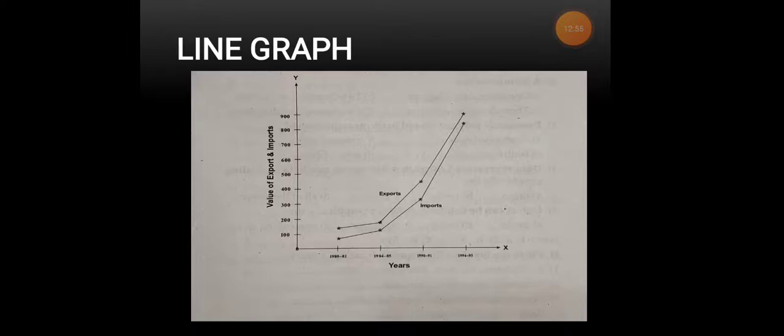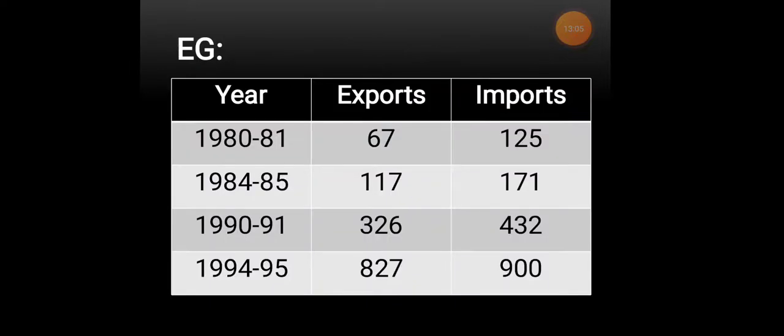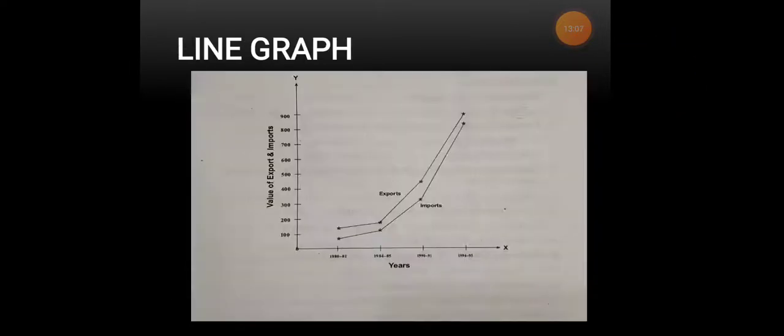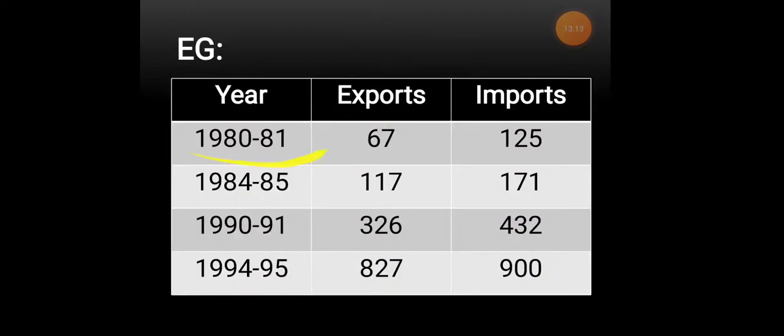You can either make it into different graphs, but it is better you make it into the same graph with both the values. Even if you have a third value, you can perfectly put it into this particular graph. So in the year 1980 to 81, exports was 67, imports was 125.